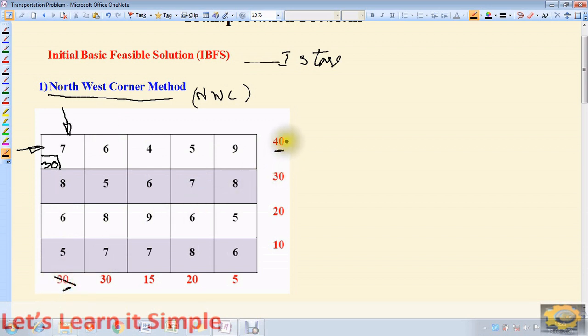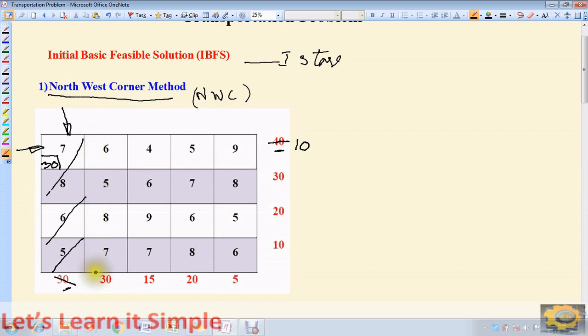Out of 40, 30 has been allocated, so I am left with 10 resources. The 30 is entirely allocated to the first cell, so the first column vanishes. Now you are left with this as the remaining matrix.